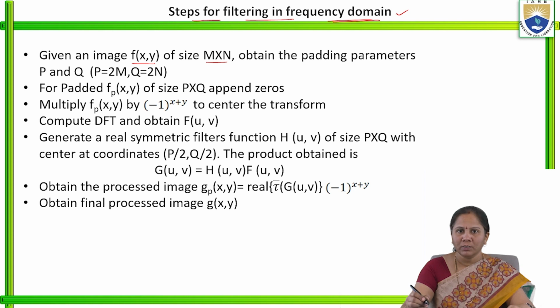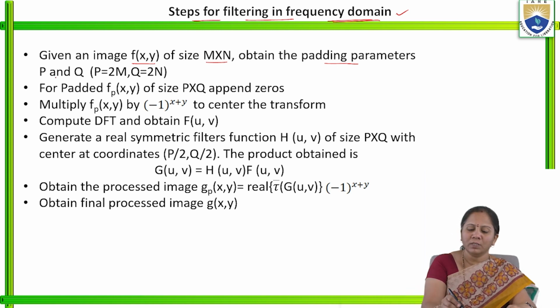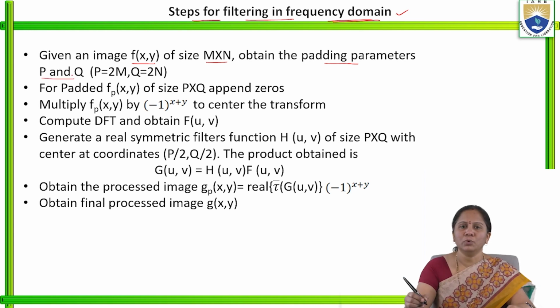On that image, whose size is m by n, we have to apply zero padding. After applying the zero padding operation, the size of the image changes because we are adding some zeros. Previously it was m by n, and it changes to p by q.